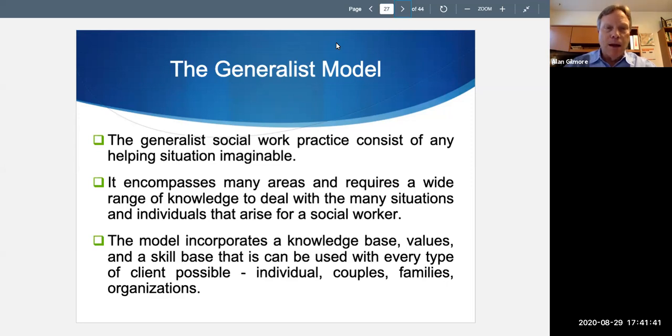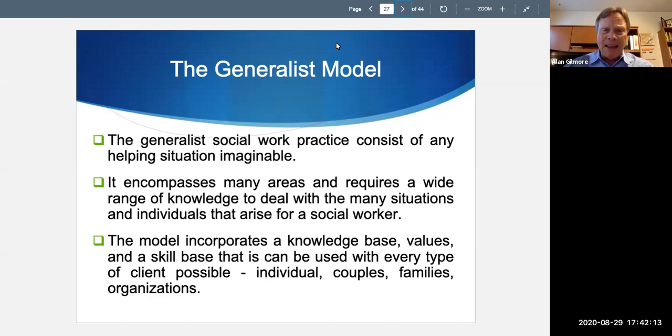So, generalist social work practice consists of any helping situation imaginable. This again crosses all types of clientele, whether we're talking about individuals, couples, families, or organizations, and all sorts of different kinds of social work. It encompasses many areas and requires a wide range of knowledge to deal with the many situations and individuals that arise for a social worker.